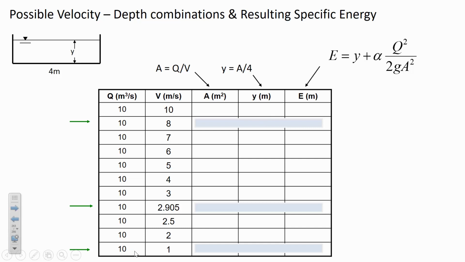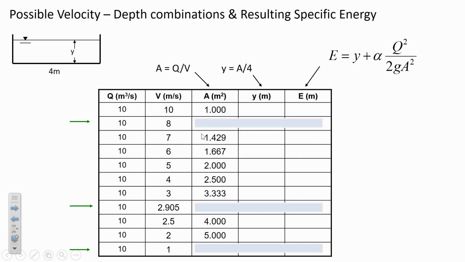Now look at the other extreme. If the velocity is 1 meter per second, then the area is going to be 10 square meters, and so the depth would be 10 divided by 4. Let's say that we calculated for a whole variety of velocities, and we achieved all these different velocities by changing the slope of the channel.